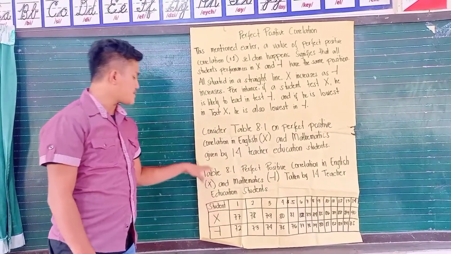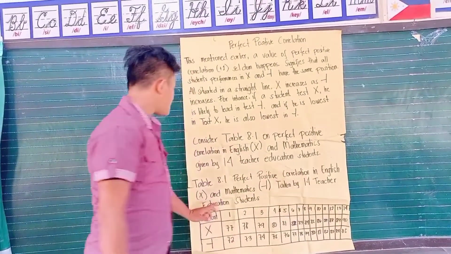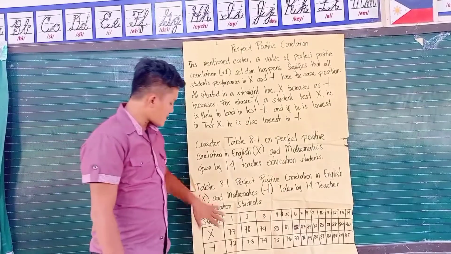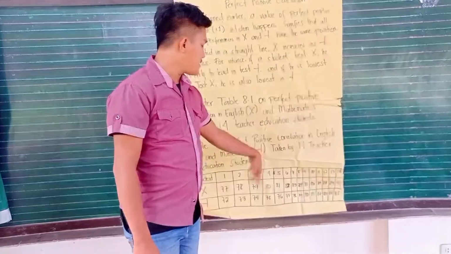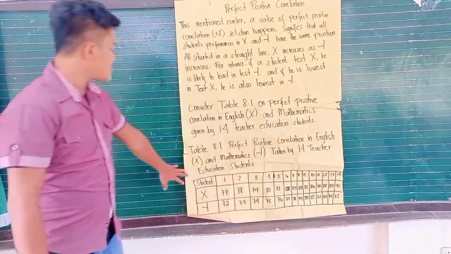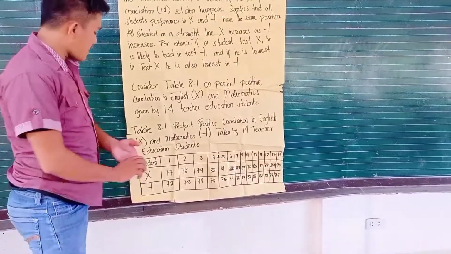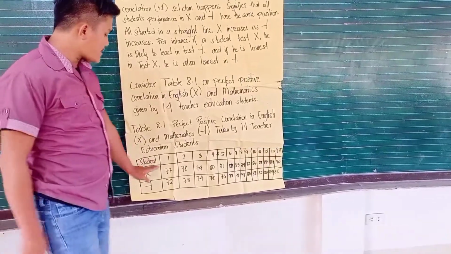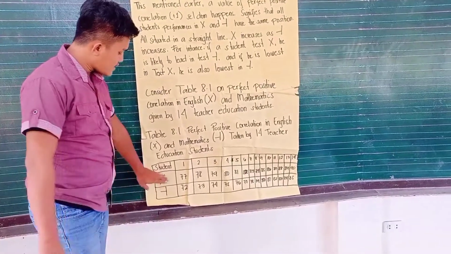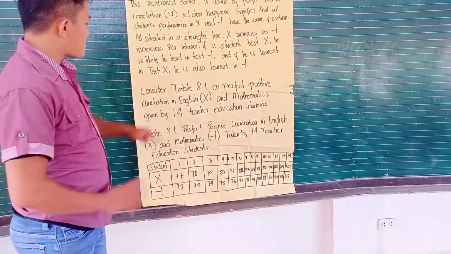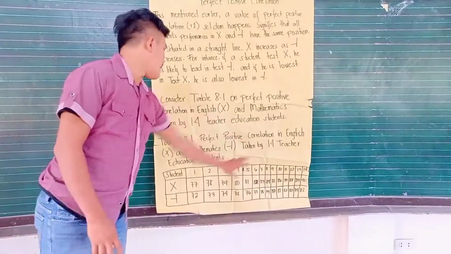This is Table 8.1, perfect positive correlation in English (X) and mathematics (Y) taken by 40 teacher education students. So this is our table. We have 14 respondents and two variables, X and Y. X is represented by the English subject, and Y is represented by the mathematics subject.